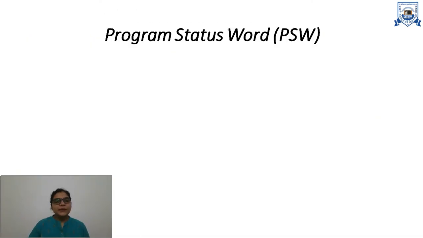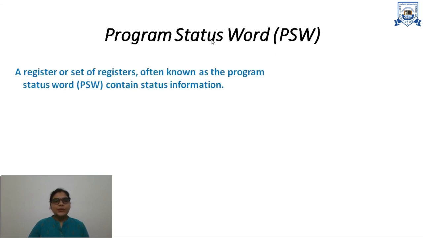The next category of registers is the program status word, known as PSW. These registers are also known as status flags. PSW is a register or a set of registers, often known as the program status word, that contains status information. Status information of what?